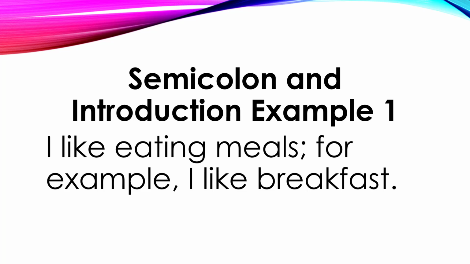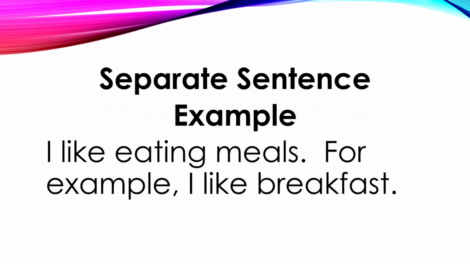And what I like to do when I do that is put a little introduction on the second sentence, which is, for example. So the whole thing becomes, I like eating meals, semicolon, for example, comma, I like breakfast, period. This is my primary use of semicolons.